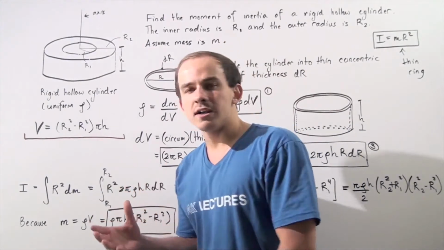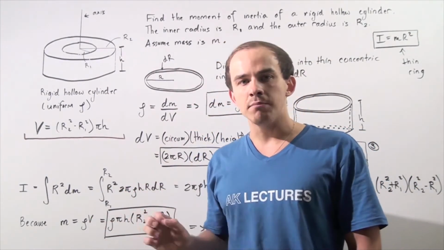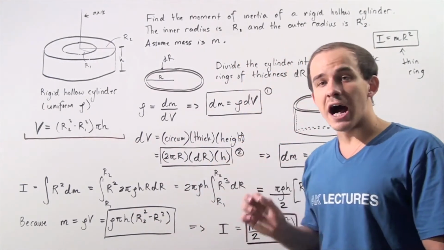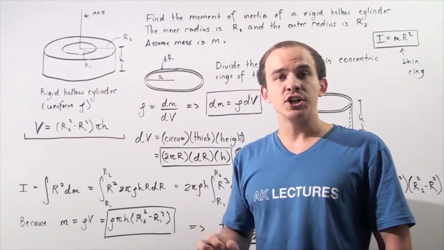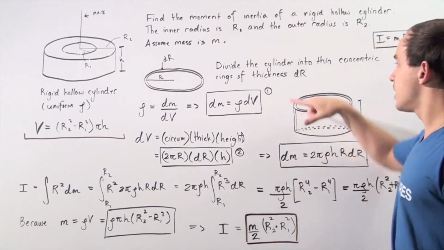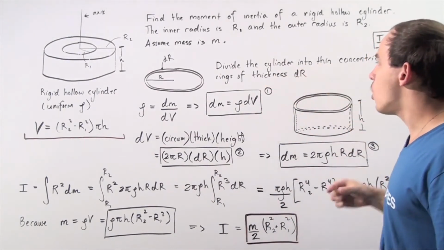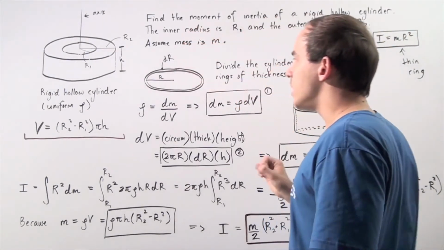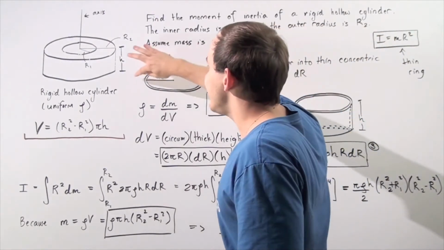First, let's discuss the approach that we will take in deriving our equation. Our approach will involve dividing our rigid hollow cylinder into very thin concentric rings of thickness dr, an infinitely small change in our radius. Here's one such example of a thin concentric ring that has a radius r.